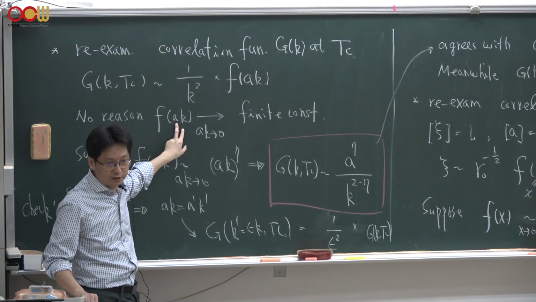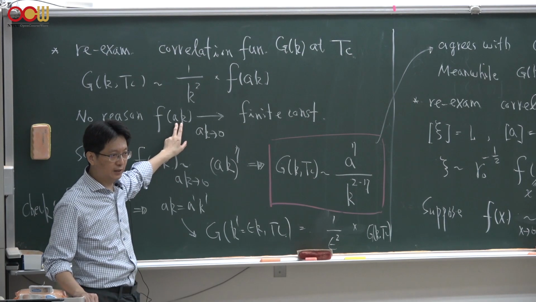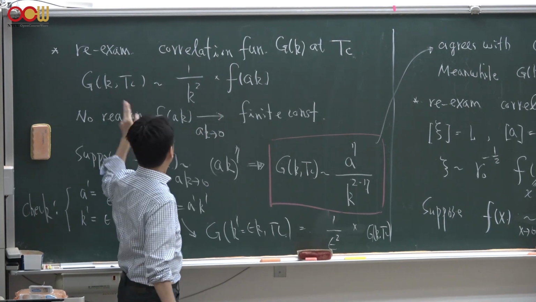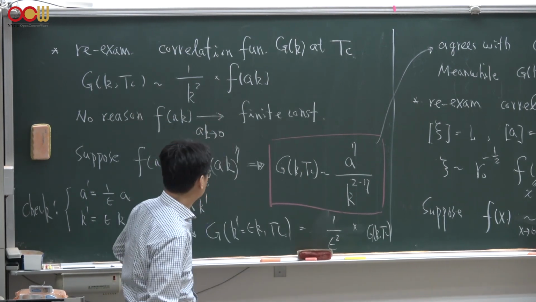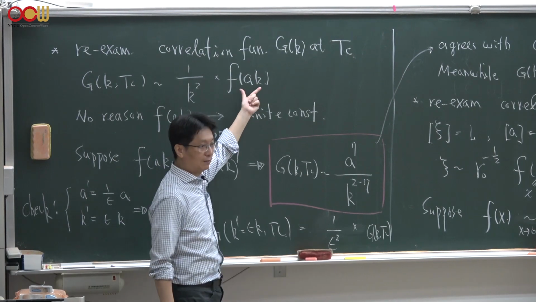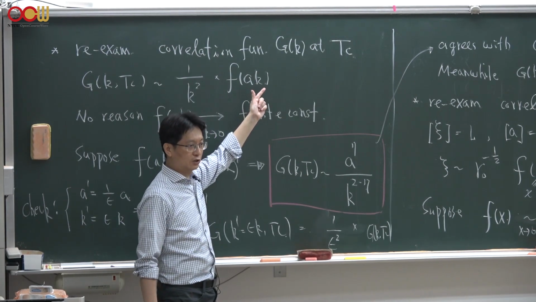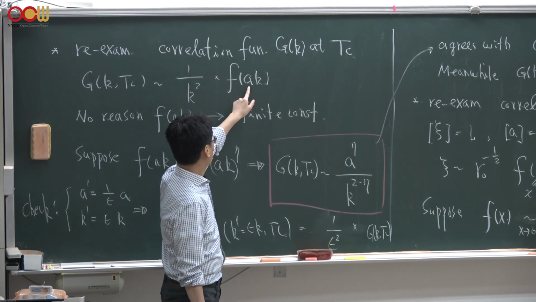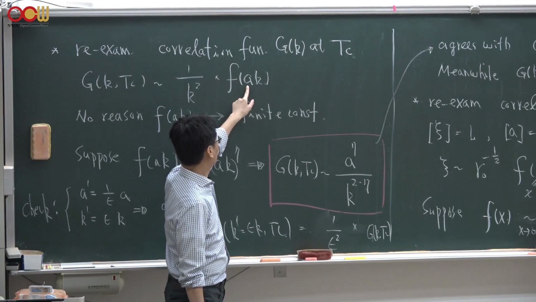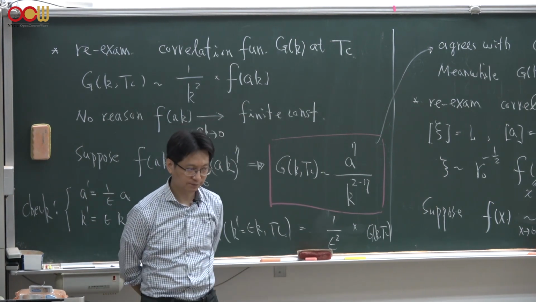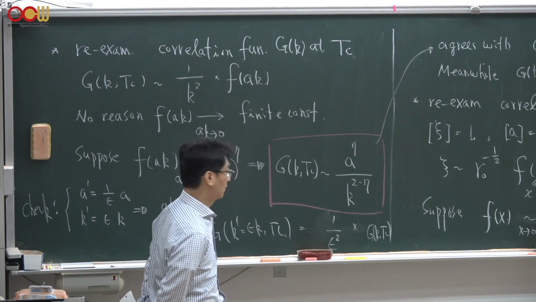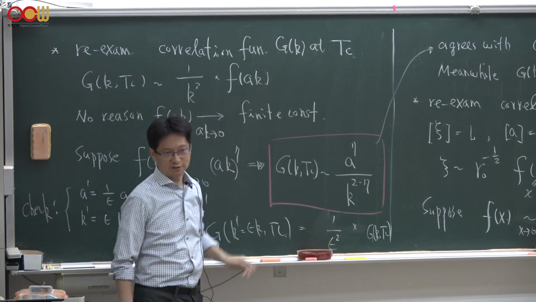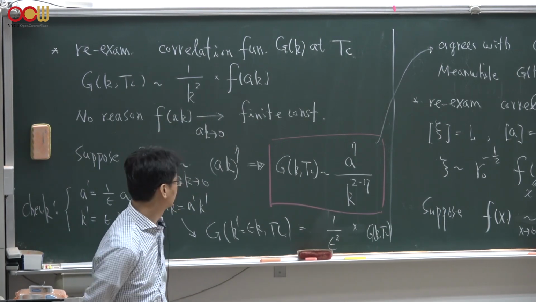So a times k has no dimensions. Remember, a and k are inversely proportional to each other. So this function f near or at the Tc behaves as a function of some dimensionless variable, a times k. So it involves both this microscopic length scale a and also the momentum variable k, in the special form of a times k, because this can only be a dimensionless function at the transition.